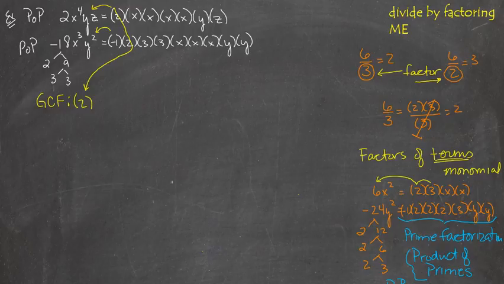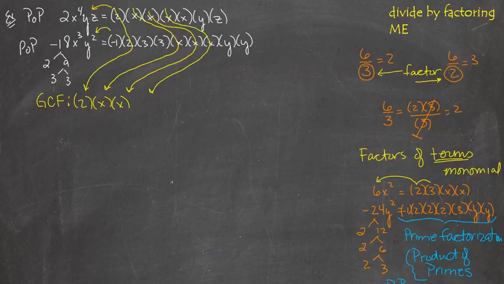I have a 3, nope. I have an x that's common to both of them. I have another x that's common to both of them. Another x that's common to both of them. I have another x here, but I don't have another x here.